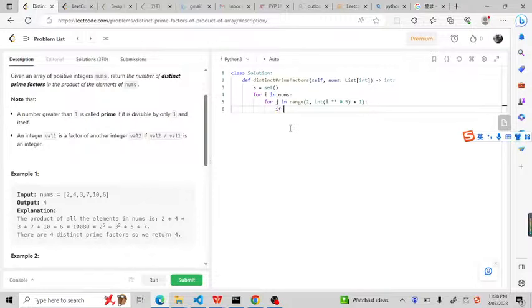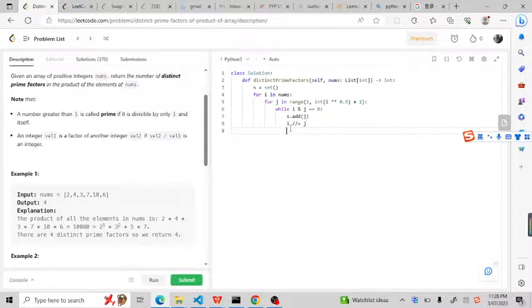We can use a while loop to check: while i modulo z equals 0, we need to add z into the set, and after that i is divided by z.